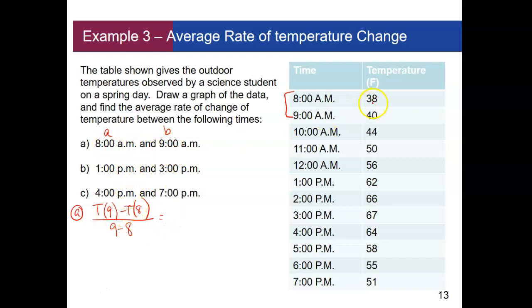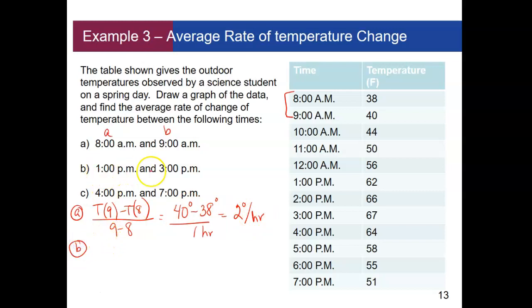Okay, so T of 9 is telling me the temperature at 9 o'clock is 40, and the temperature at 8 o'clock is 38. So what we're going to have there is 2, and these units were degrees, and this was in hours, so 2 degrees per hour. So basically it's positive, so it's increasing at 2 degrees per hour.